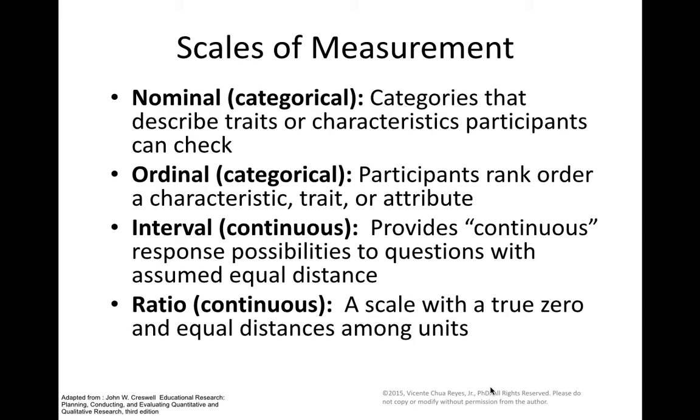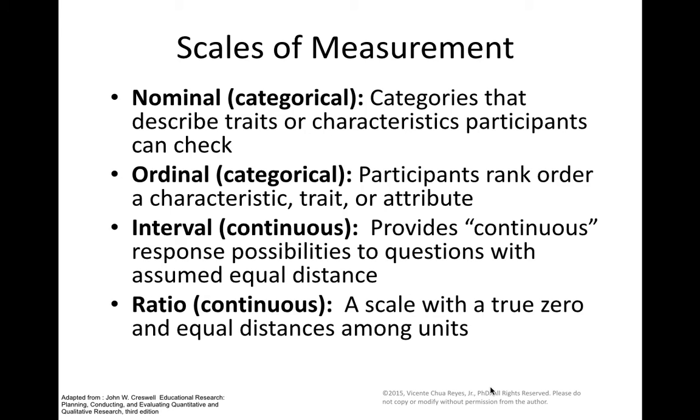Ratio, continuous variable, this is where you have a scale with a true zero, and there are unquestionably equal distances among units. Using the score as an example again, instead of dividing the score continuum into intervals, you can actually just use the score itself. So someone who scores a 10, that's one variable.